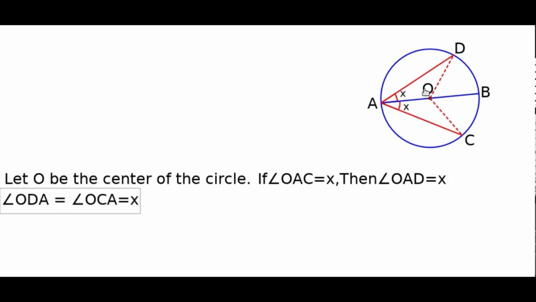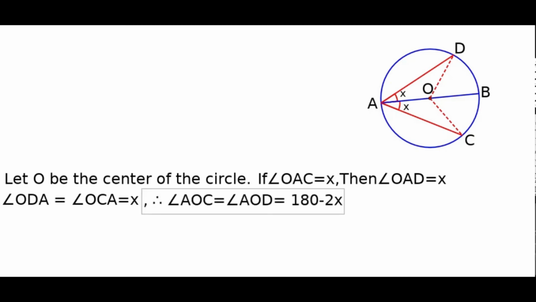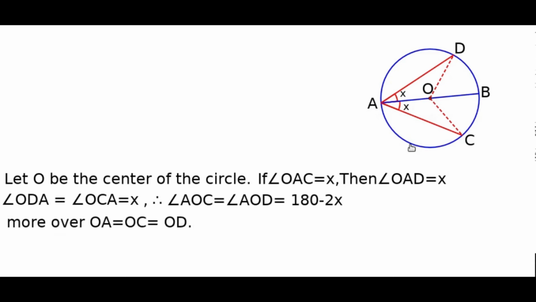Now when we consider these two triangles, angle AOC will be equal to angle AOD. Each one of them should be 180 minus 2x, because the total interior angle of a triangle is 180. Now we see OA, OC, OD are all equal, and so these two triangles are congruent, because this triangle has two sides and the included angle the same as two sides and the included angle of the other triangle.